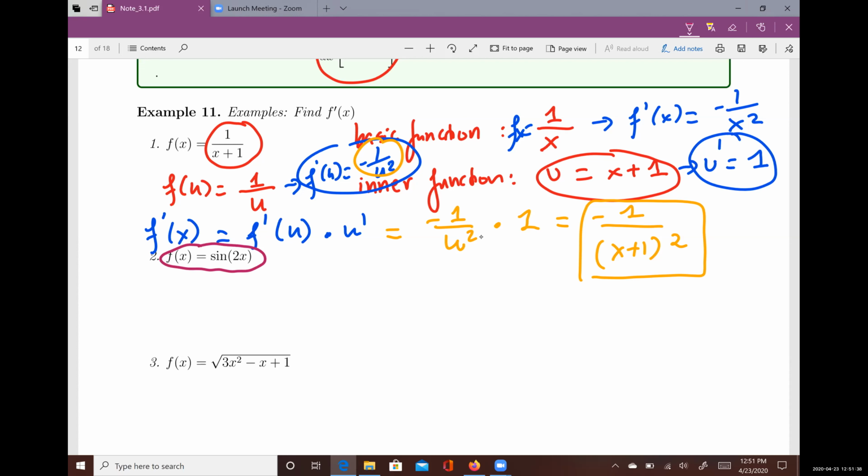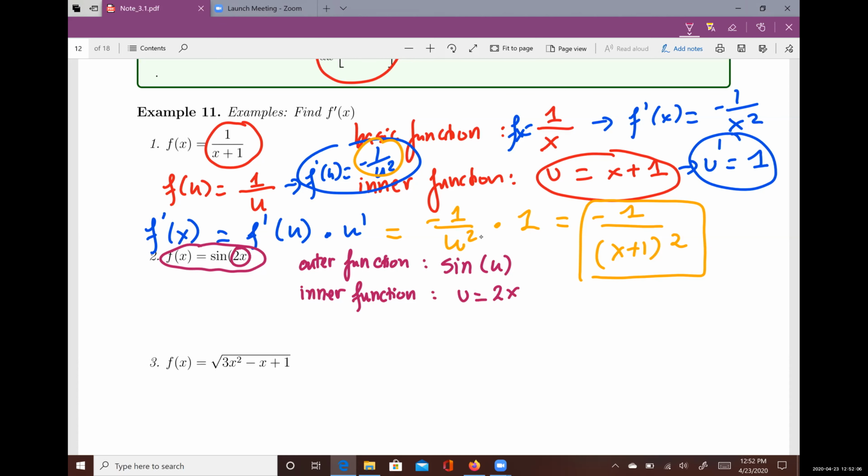Then I know my outer function, my basic function, is sine of u. I know that. Now, what is my inner function? Which is u equals 2x.